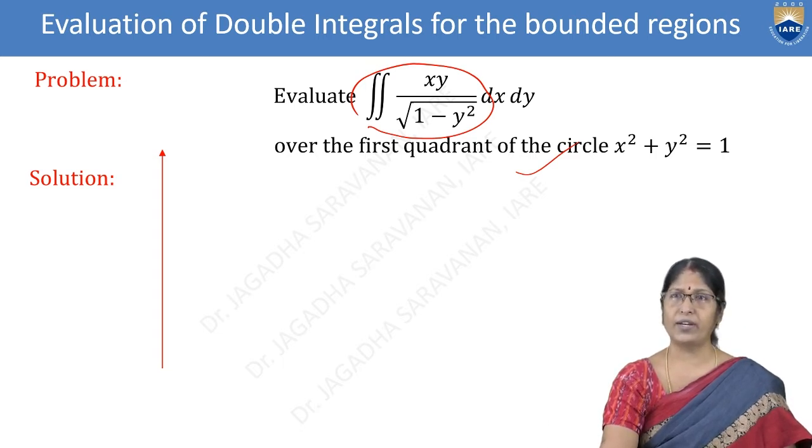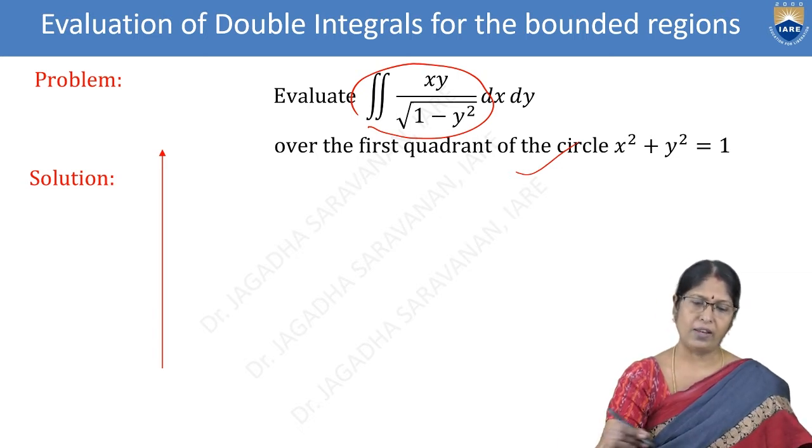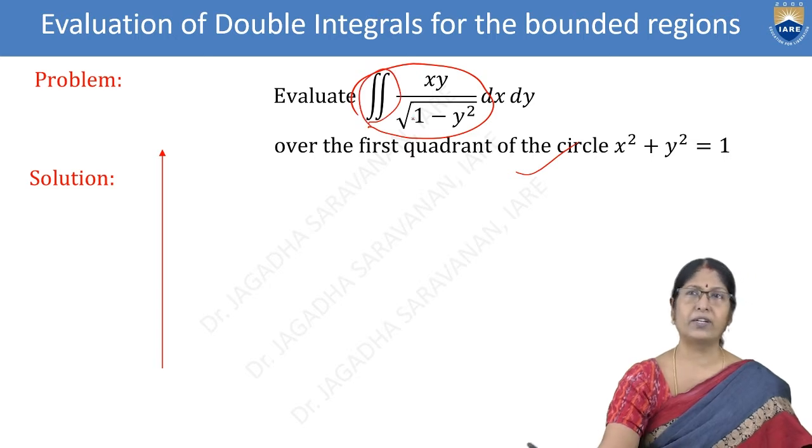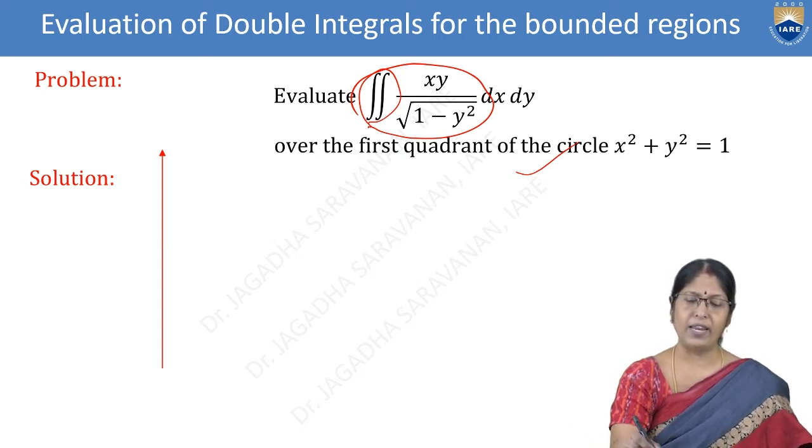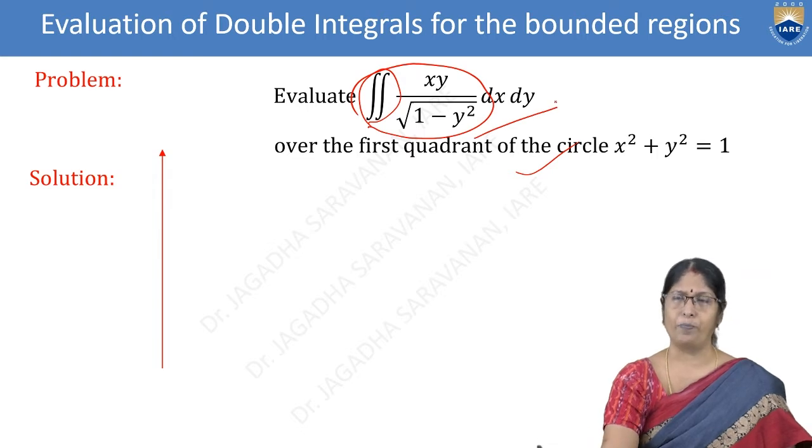Looking at the integral, dx dy, two variables are dominating, and two integral symbols are there, which gives a clear indication that the given problem comes under double integration in Cartesian form. So that point is very clear to us.